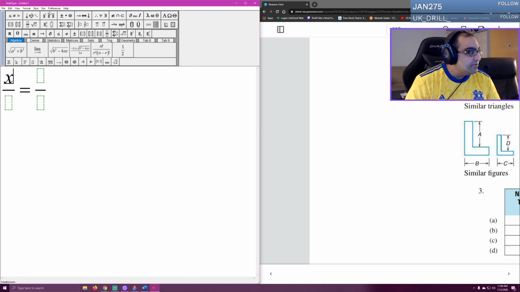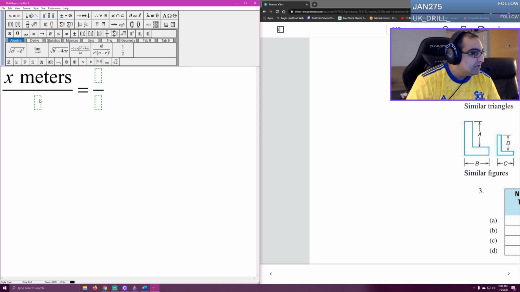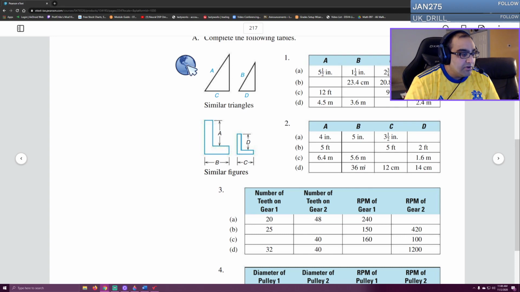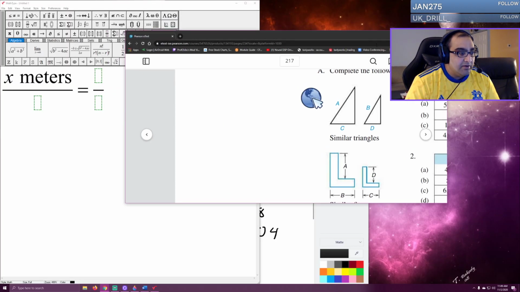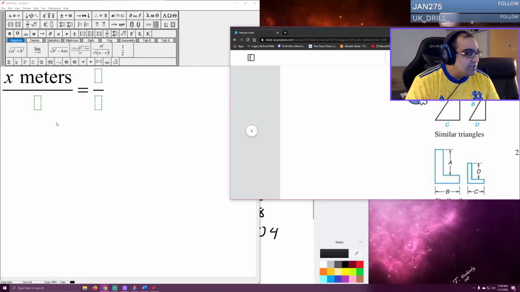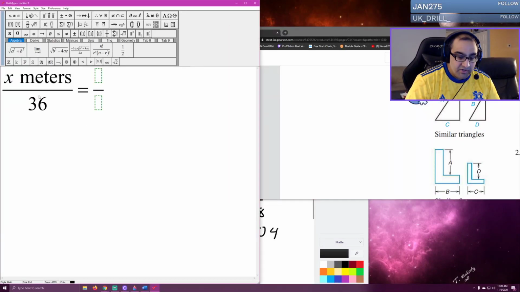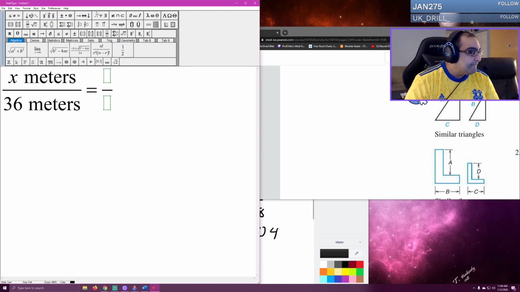Okay, so I'm going to label this. Actually, it's important that I label this. And then on the bottom, because that's B according to our figure, we're going to have 36 meters for B. Now, the next part is going to be our 12 centimeters, according to our problem.